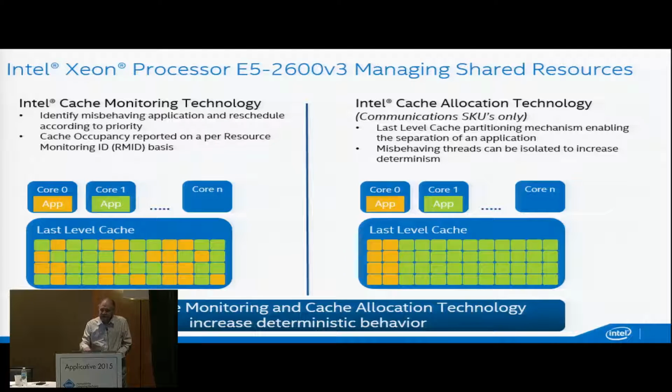So this technology that we have in Haswell will monitor your L3 cache at this point. So if you have a situation where you feel some thread is very noisy and is impacting the other threads in the L3 cache, you could do something about it. There's not too much you can do with just monitoring, right, unless you can take action. On some SKUs, we enabled allocation, where you could actually go and change things.